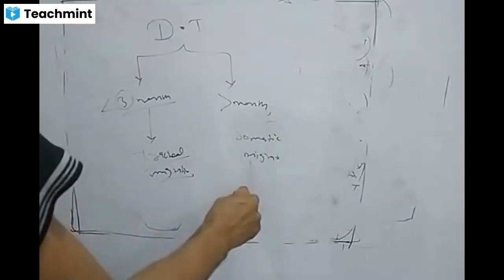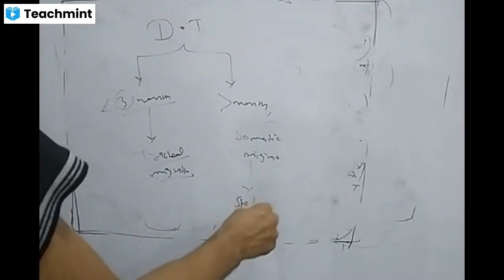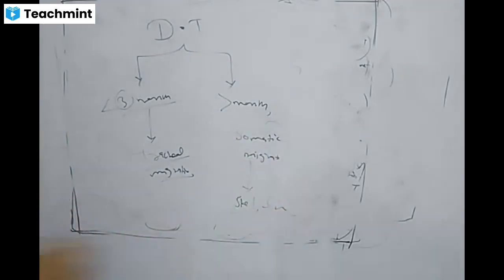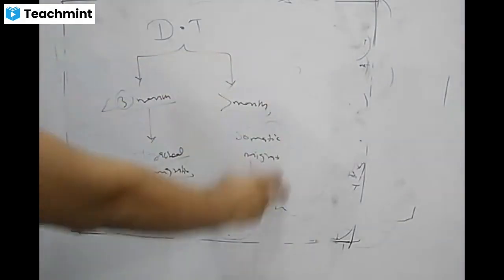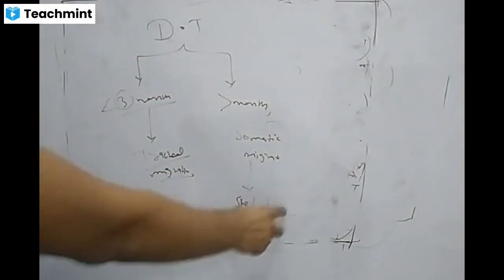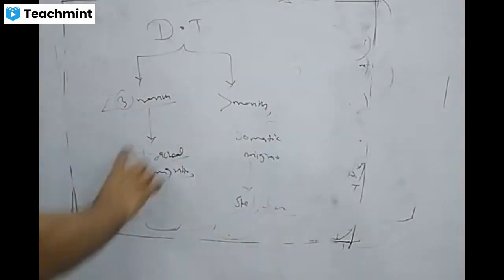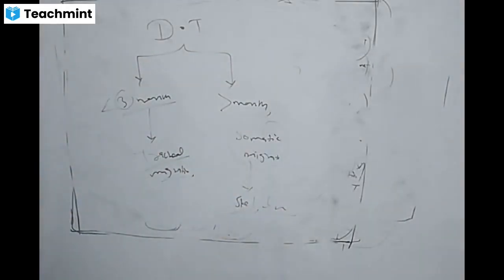So what is somatic migration? Skeletal muscles, liver, other organs. If the larvae migrate into these structures, skeletal muscles and others, it is somatic migration. And tracheal migration is similar to Ascaris, where the larvae migrate through the trachea.